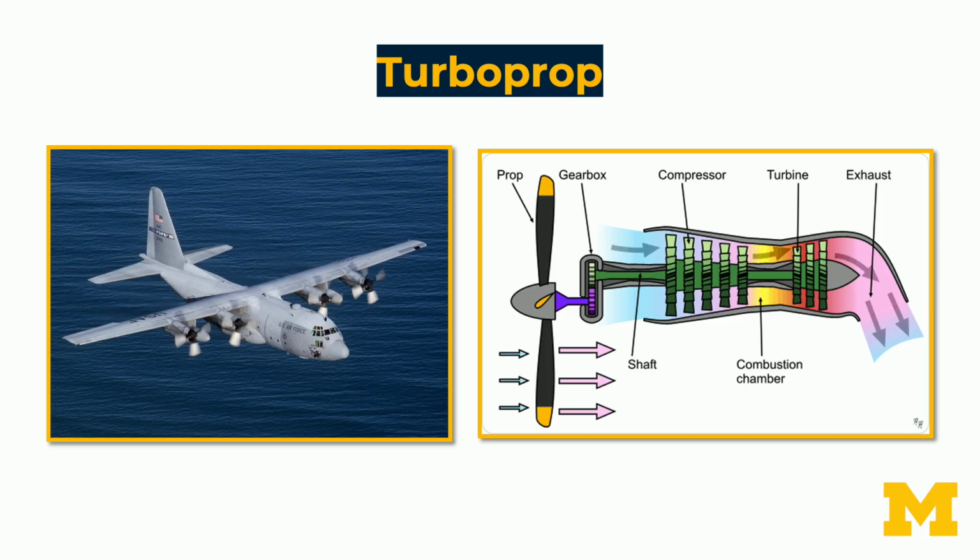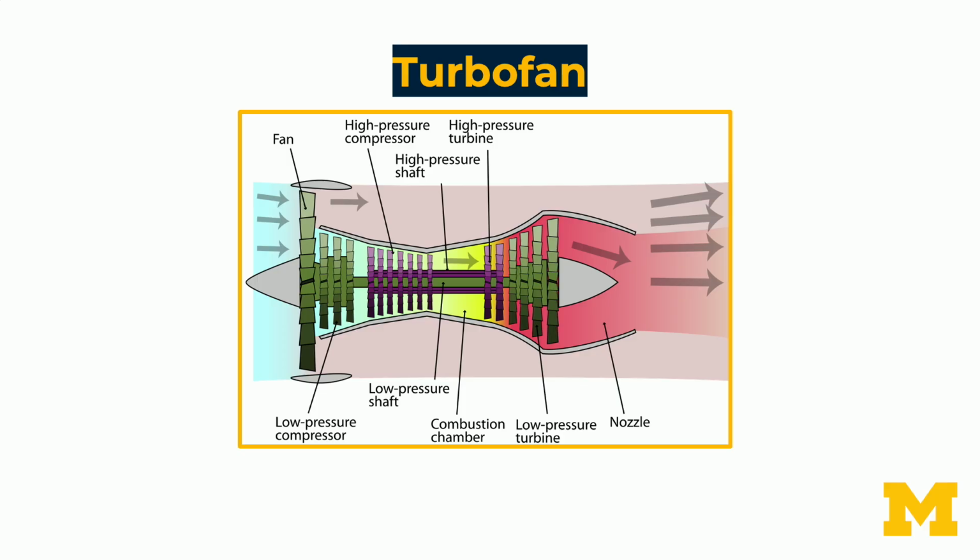And then you have what's called a turbofan engine, which is the most common type of jet engine. And that basically has a big fan at the front, and then you have this region where the gas is contained. And that region where the gas is contained is part of the jet engine.